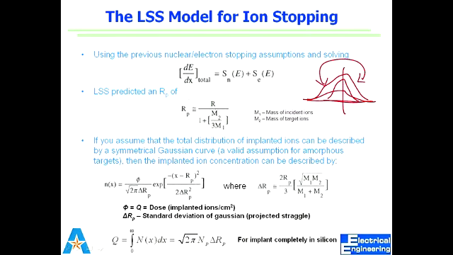So the implanted concentration is calculated with these. This is an exponential function, right? n is the number of ions at x depth. It will be an exponential of minus (x minus RP) squared, how deep they go minus the projected range, right? And delta RP is taken from that line.